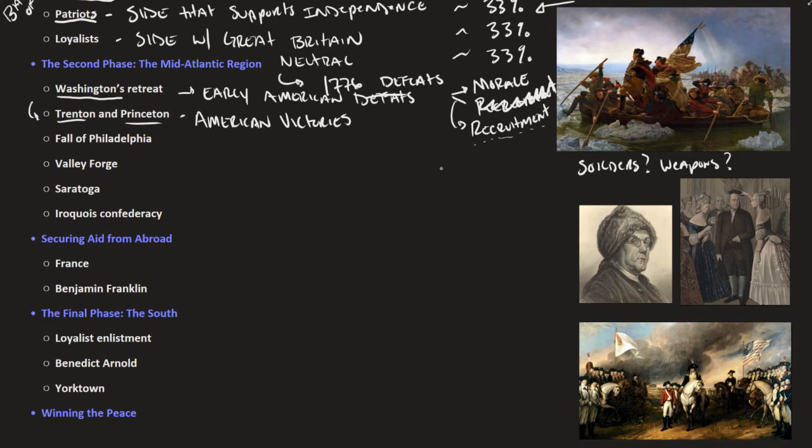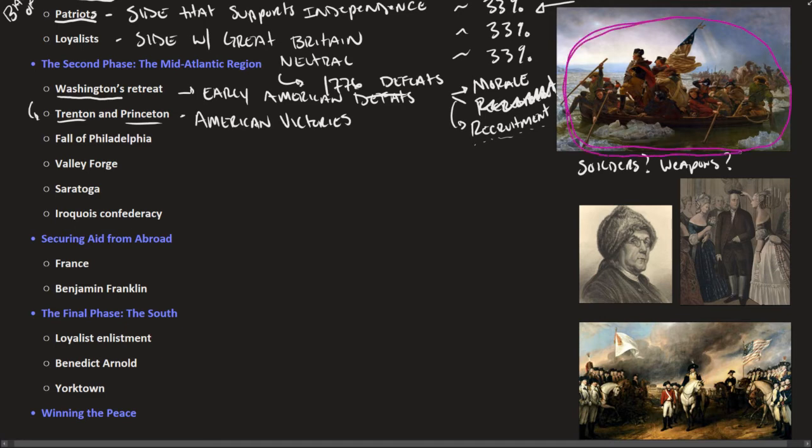The British didn't suffer any catastrophic casualties. It didn't force the British off the mainland. In fact, the Battle of Trenton is when Washington crossed the Delaware at midnight and captured a number of Hessian troops. It's the battle from which this iconic painting comes.